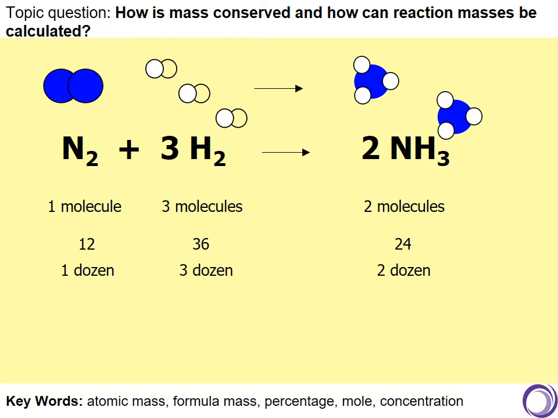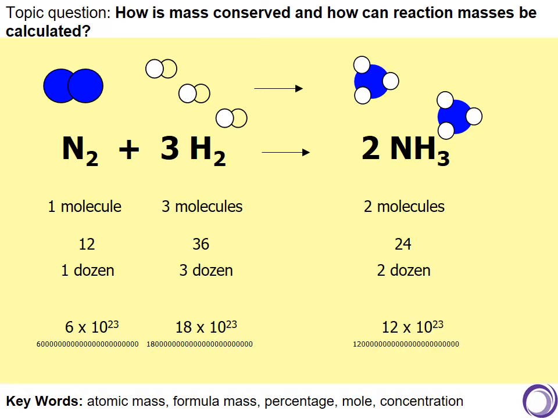If we're looking at the number of atoms, you can see huge numbers, really difficult to put into our calculators, and we were doing calculations with these long before calculators were invented. Hence we use the term mole. So I've got 1 mole reacts with 3 moles, reacts with 2 moles.